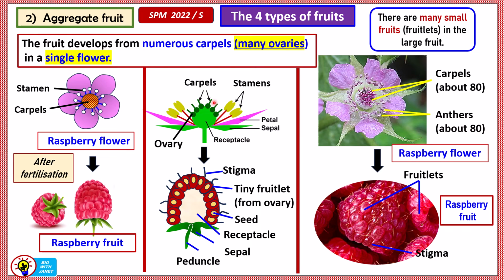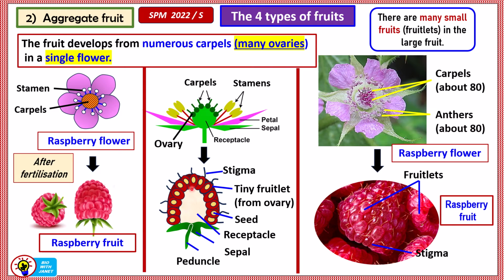So you can see here, after fertilization, the stigma will dry up. Okay, and then each ovary develops into a fruit. Now you can see this is one ovary that's developed into a fruit with a seed inside. Okay, this is another ovary. So there are many ovaries that develop into tiny little fruitlets that are all clustered together. All right, quite well organized.